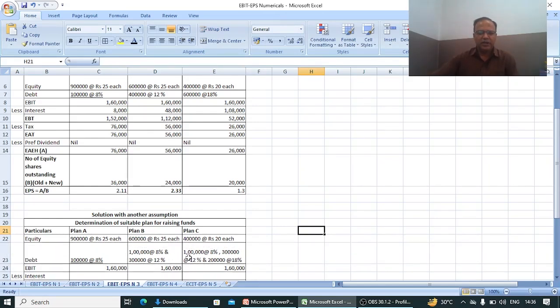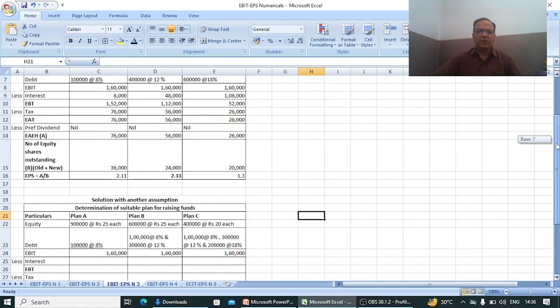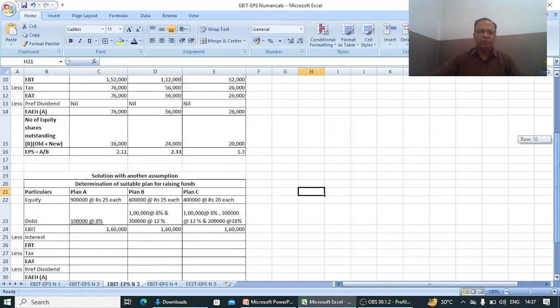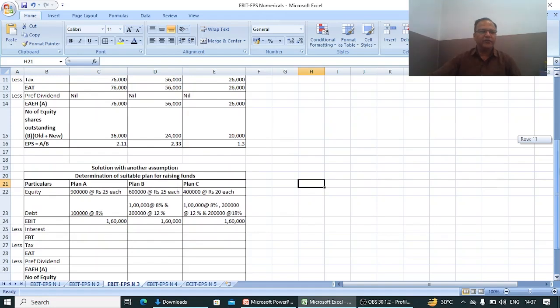So this is assumption number 2. If you have to solve this problem with this assumption, the calculation will be different. Let's do it.